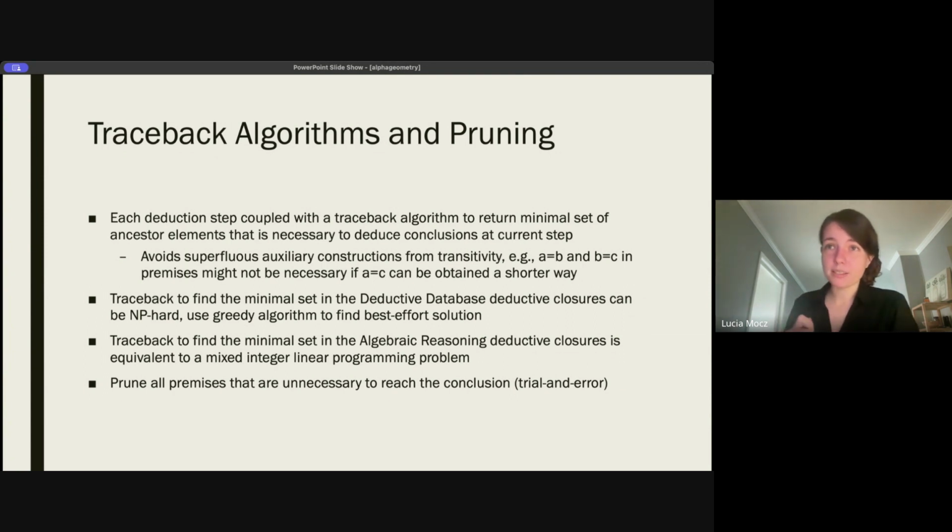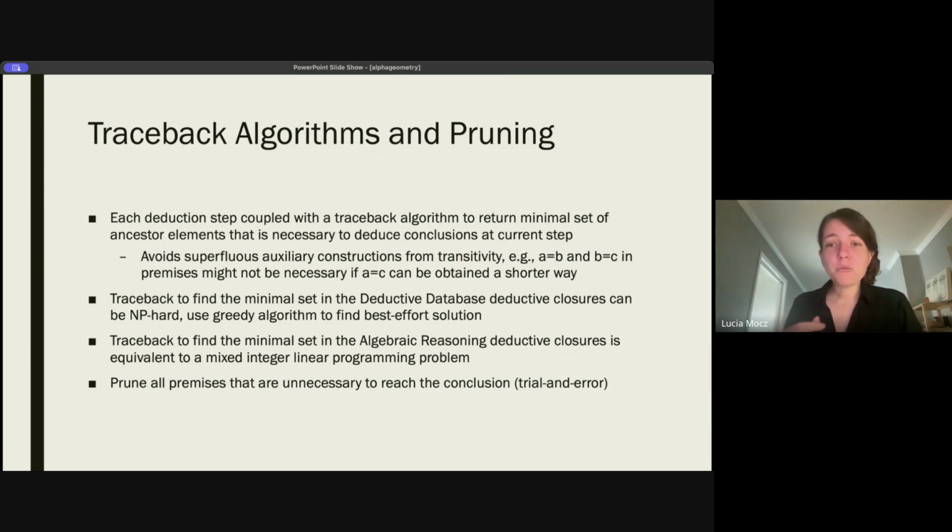The point of this step, and this is also a very hard procedure, and it's done by trial and error, is that you want your model to be able to learn auxiliary constructions which are relevant.